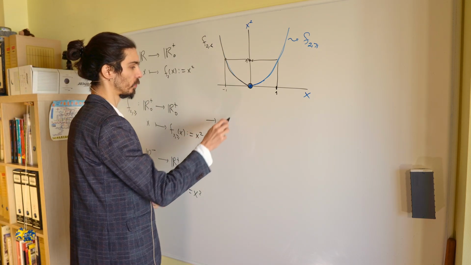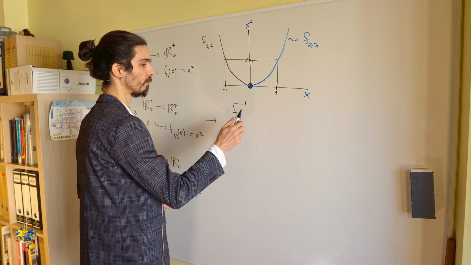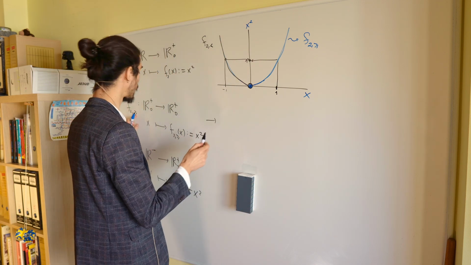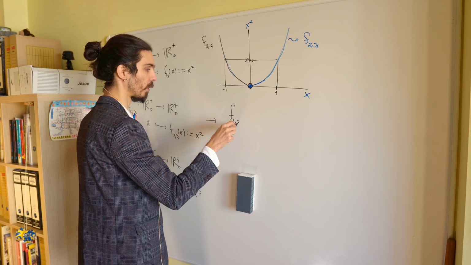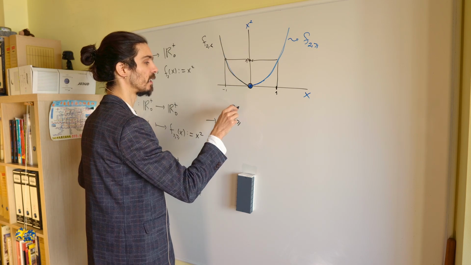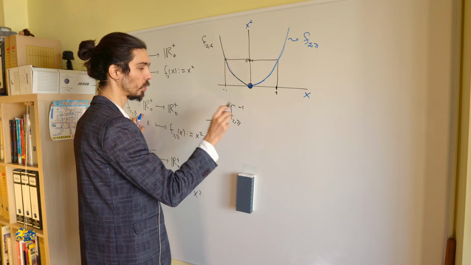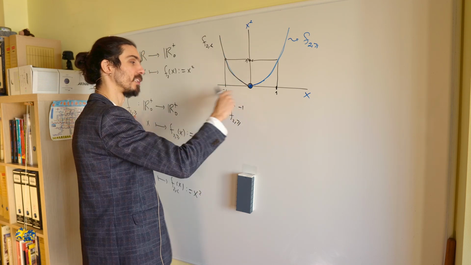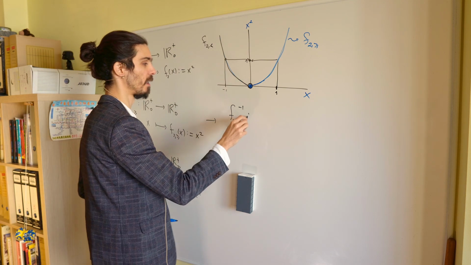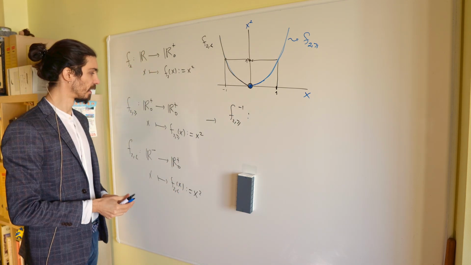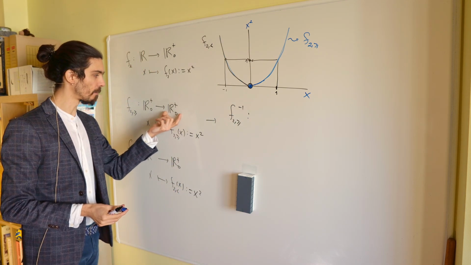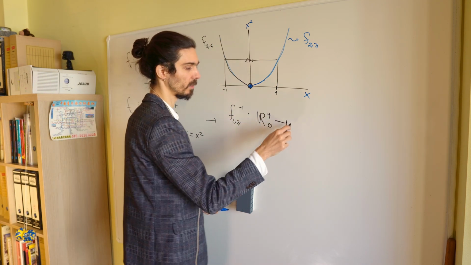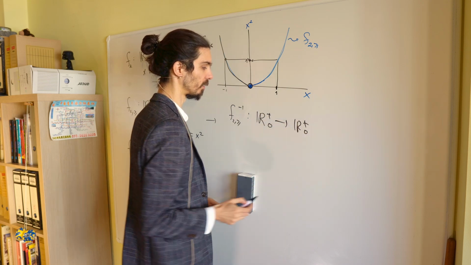So let's define those. So f minus 1, let me write it like this. It's probably easier to think like this: we want the inverse for this, so it is f_2 greater or equal. I want the inverse of this, and then I write minus 1. It's usually easier to think in that way. So that function, with minus 1 on top, just says that it's the inverse of this. And what does it do? Well, it's going to assign these numbers into these numbers, so positive reals into positive reals.